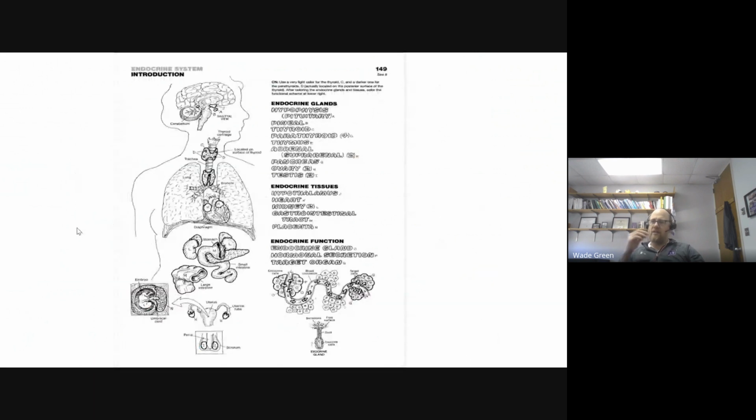So if we take a look at some of the endocrine organs that we actually have within the body, there is actually an axis that exists between the endocrine glands, such as the hypothalamus and the pituitary, right? And that's actually one of our primary axes for endocrine secretion. We'll talk about that more in a second. We have various other glands as well: the pineal gland, thyroid glands, parathyroid glands, which are important in calcium regulation, the thymus, which is important in immunity, and assists in the differentiation of T cells and lymphocytes, right?